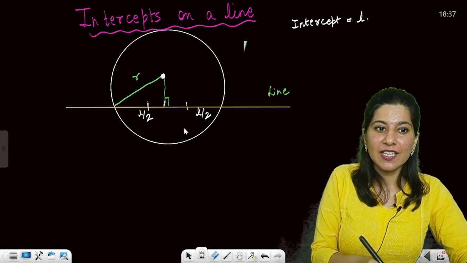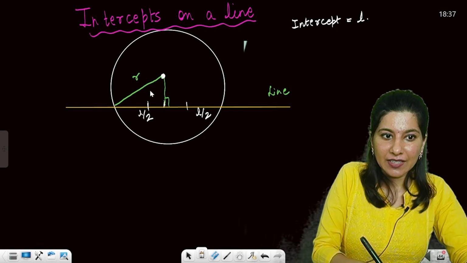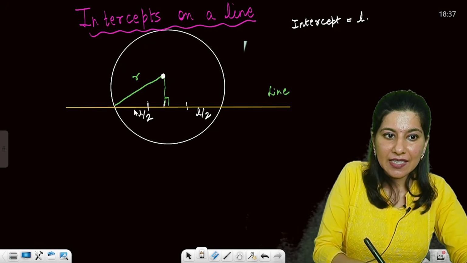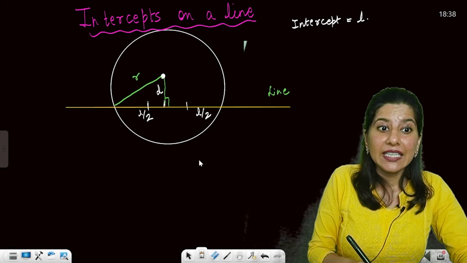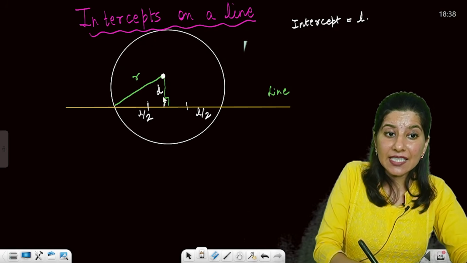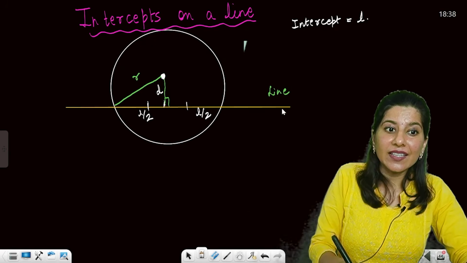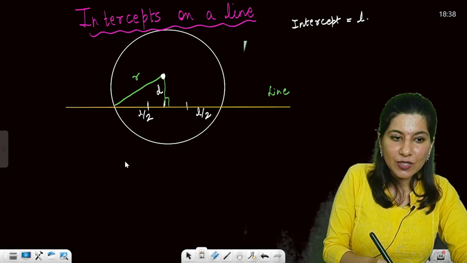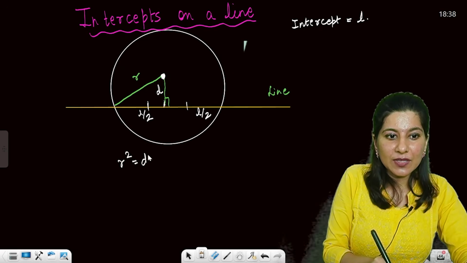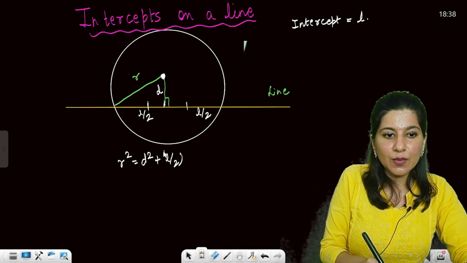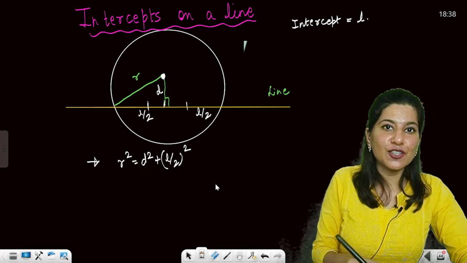Do you remember? So just make use of it, right? This is L by 2, this is R, and this you can find as D. D is the distance between the center and the line. Okay, so you know the relation R square equals D square plus L by 2 whole square. Make use of this relation and you are done.